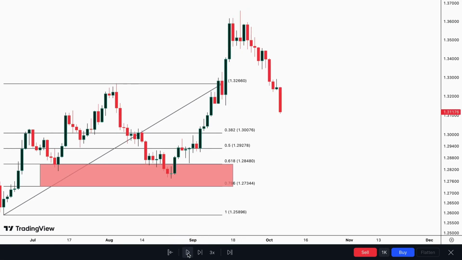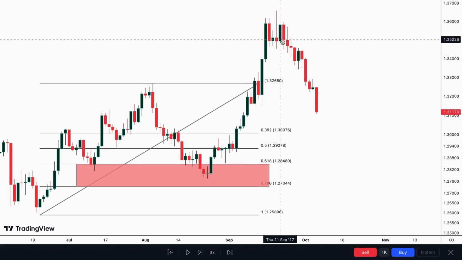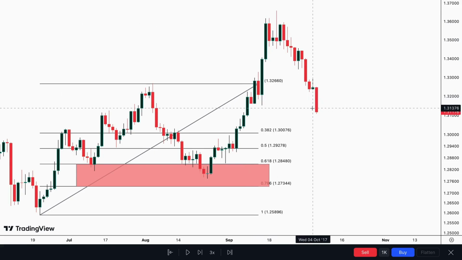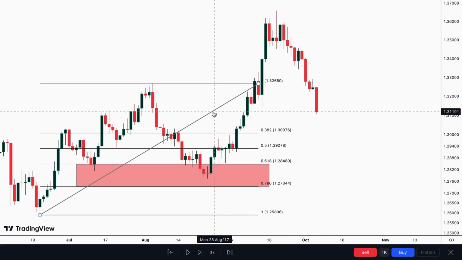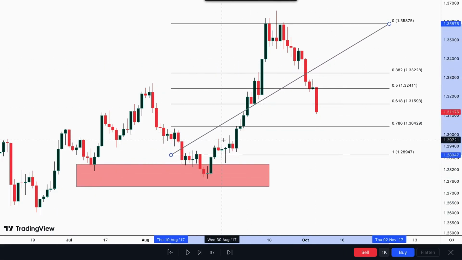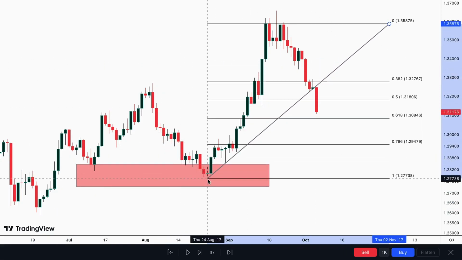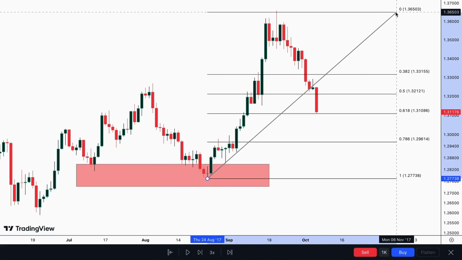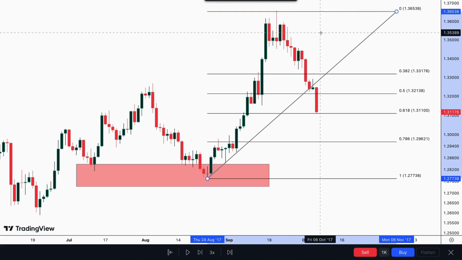Okay, so as you can see here, guys, now the market is starting to form another retracement. So I will take my Fibonacci. As I said before, you have to consider first this lower point, then the upper one.